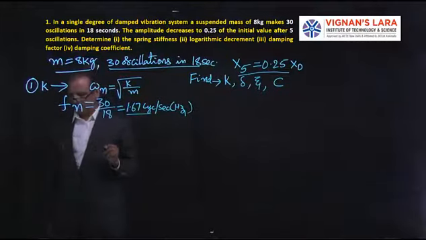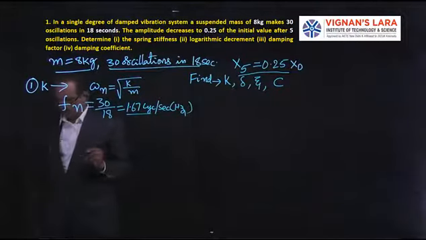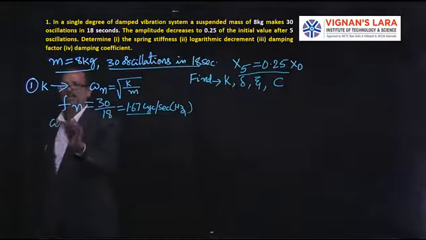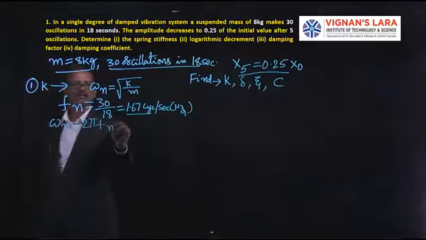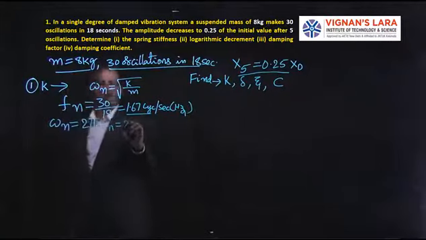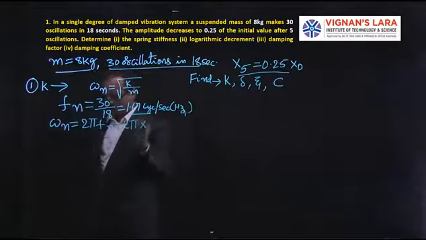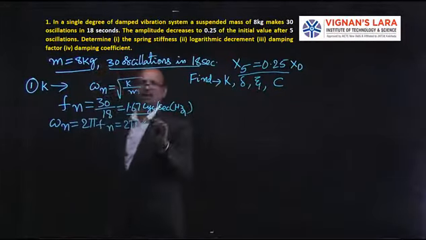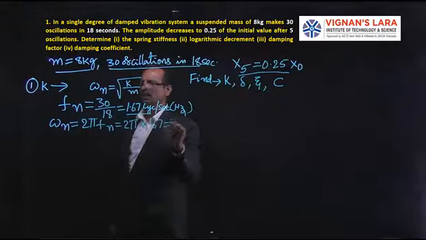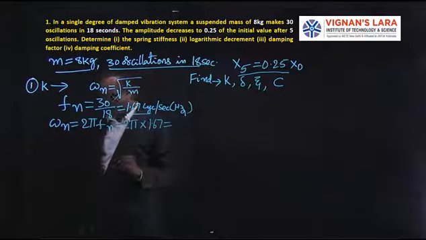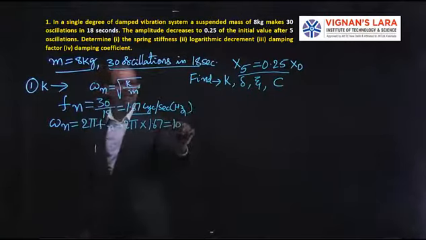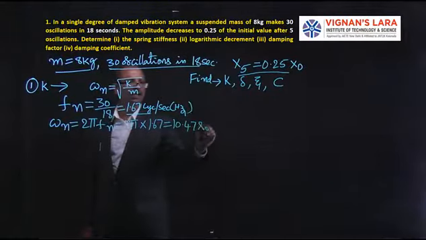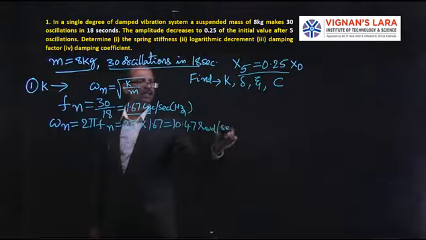So omega n is equal to root K by m, and we can write omega n is 2 pi fn. That is 2 pi into 1.67, which gives omega n equal to 10.47 radians per second.